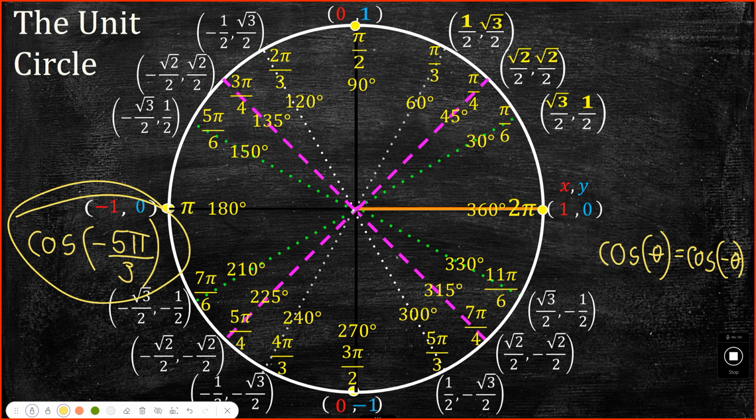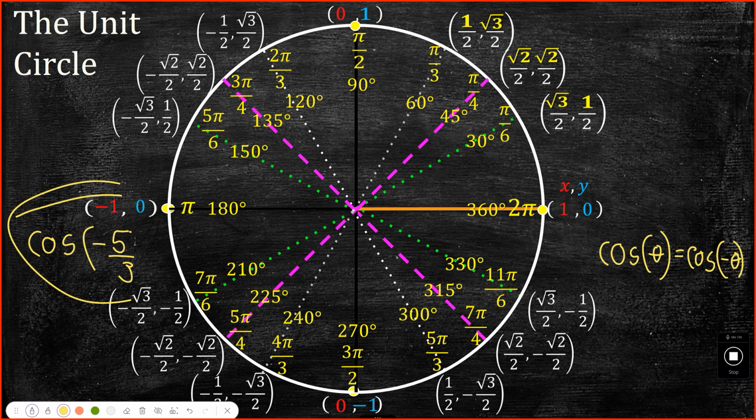Cosine of 5 pi by 3. So just go to 5 pi by 3. Where is 5 pi by 3? Cosine? 1/2. Yes, you got it? Is that easy? Cosine is super easy. The other one, the sine, is the tricky one.